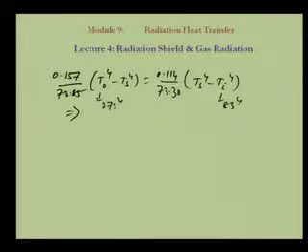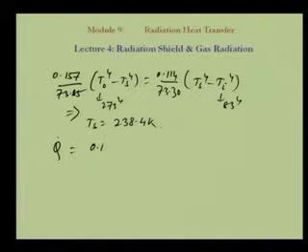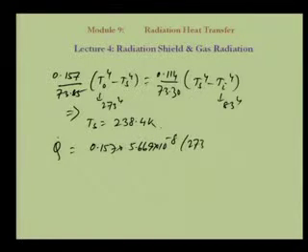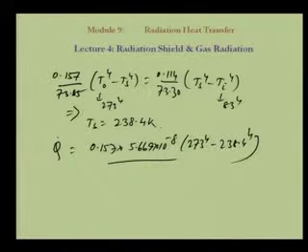From here we can get our TS as 238.4 Kelvin, and Q dot is equal to 0.157 into 5.669 into 10 to the power minus 8 into (273 to the power 4 minus 238.4 to the power 4) divided by 73.85, and this value is equal to 0.28 watt.